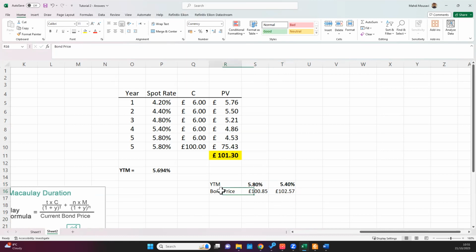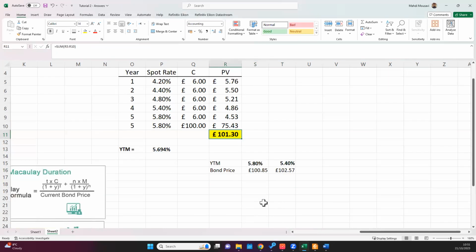So now we have got two suggested yield to maturities and their assigned or associated price of the bond, considering these two, but neither of them is equal to 101. So we know that the rate, the actual rate, should be between these two, 5.40 and 5.80. So here we can use the technique of interpolation.